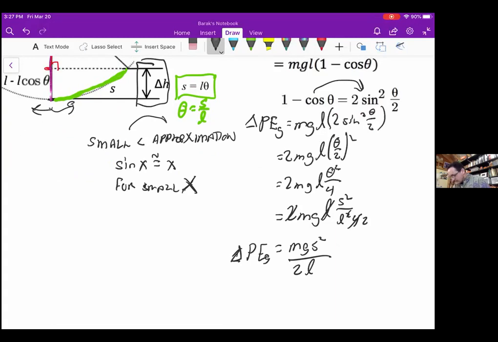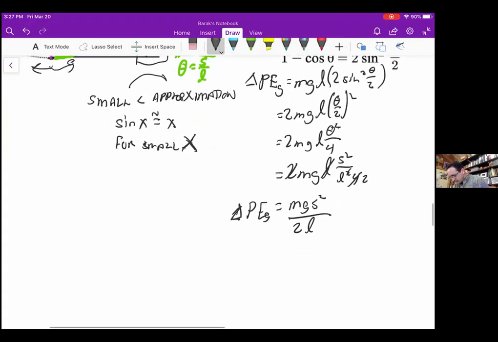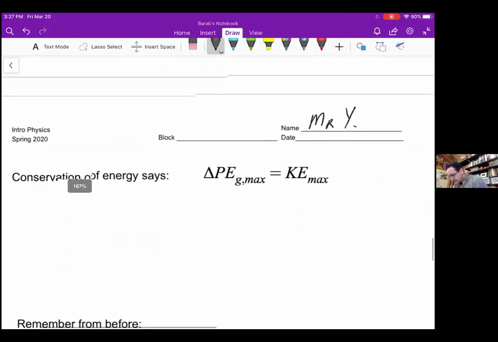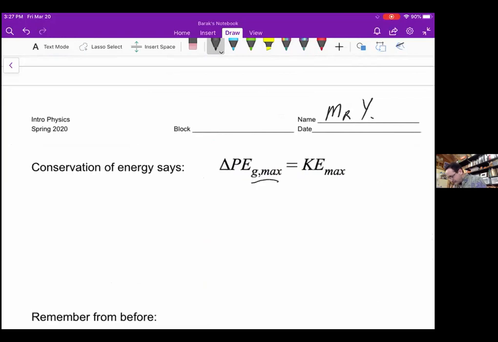All right, let's go to the next page here. Okay, now we know that conservation of energy says that delta PEG max equals KE max. So what we're saying here is that the farthest we can go in the left-right when we're swinging is going to give us only gravitational potential energy, and no kinetic energy.